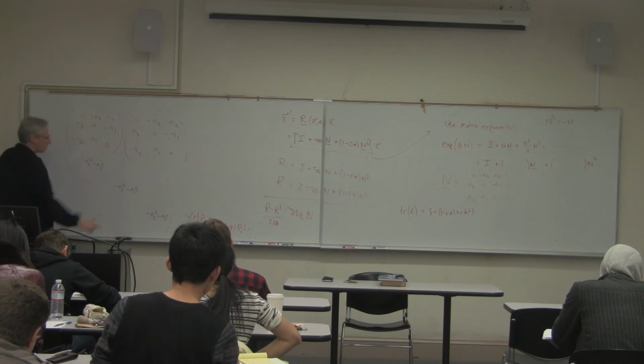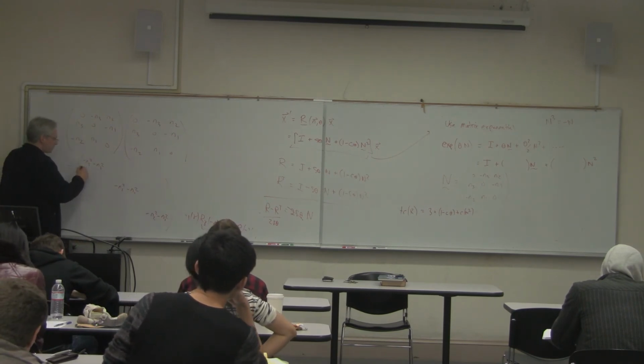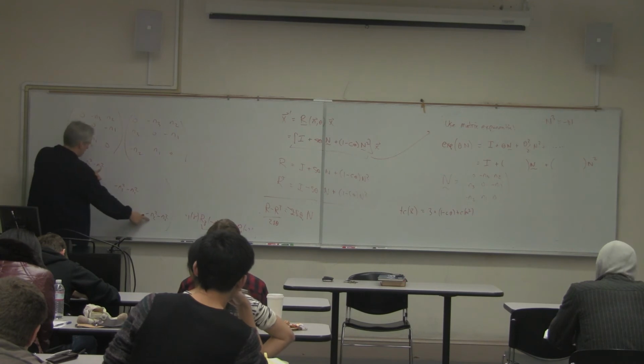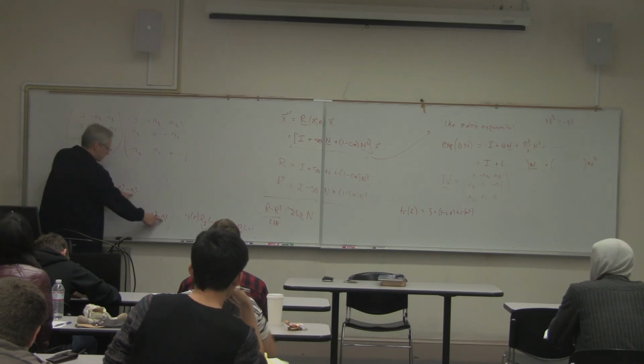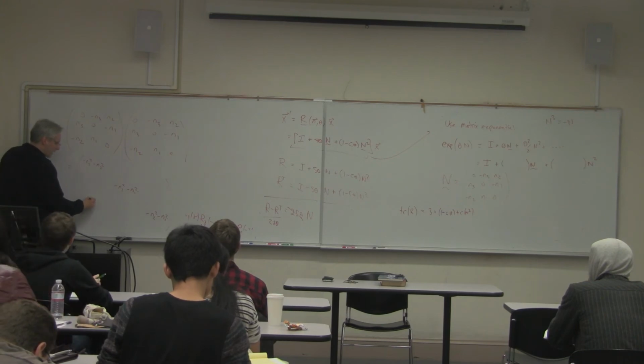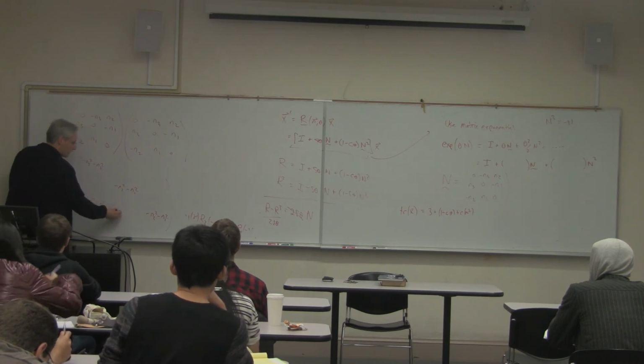And when I sum those up, what am I going to get? I'm going to get 2 occurrences of n3 squared, 2 occurrences of n2 squared, and 2 occurrences of n1 squared. But remember that we're talking about n being a unit vector, so n1 squared plus n2 squared plus n3 squared is equal to 1.